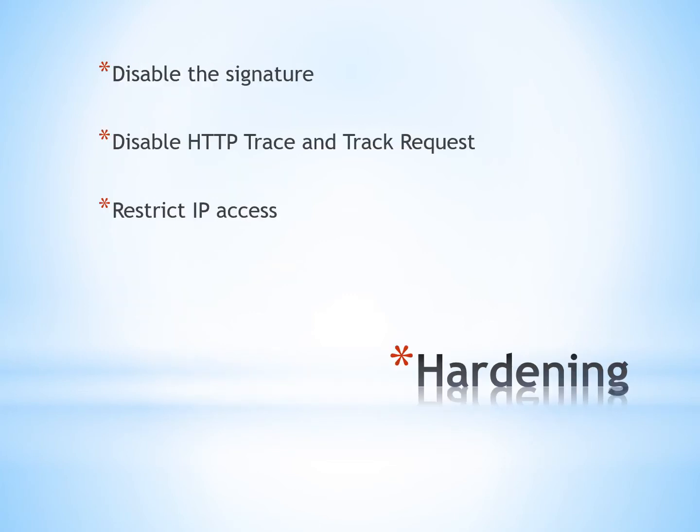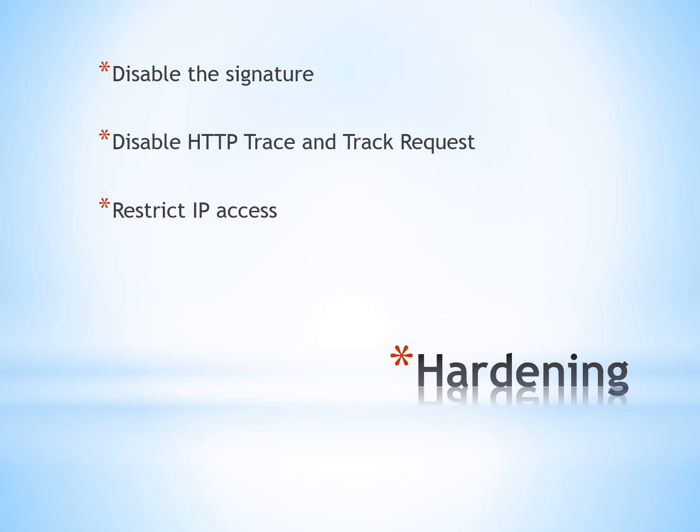So for hardening, I have first disabled the signature. A common way for attackers to attack is by sending a remote request that will pull back valuable information. So by disabling the signature, it will prevent the attacker from pulling back information from you.